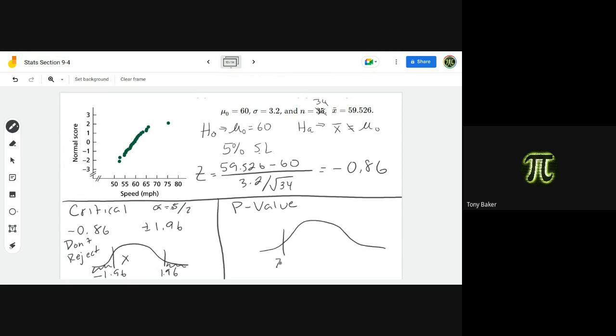And now if we look at my p-value, I've got the 2.5% there, the 97.5% there, and we're looking at negative 0.86. So I look at that on my z-score table. 0.86 is 0.1949.